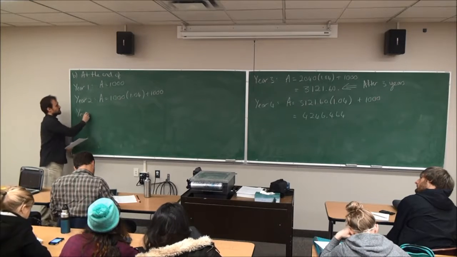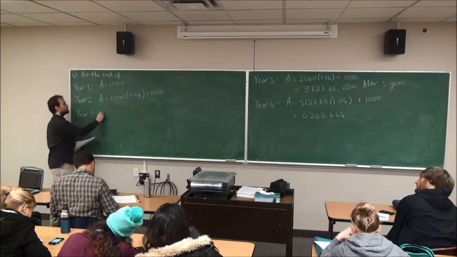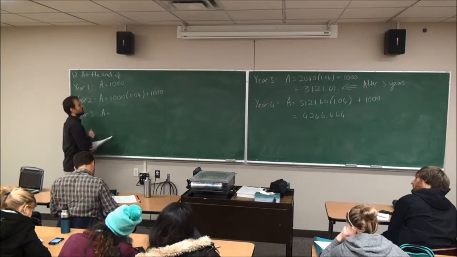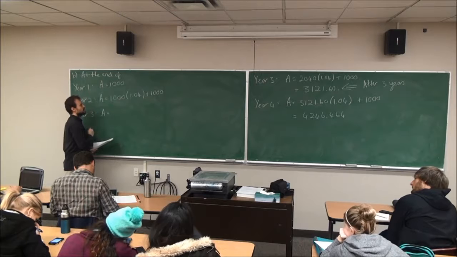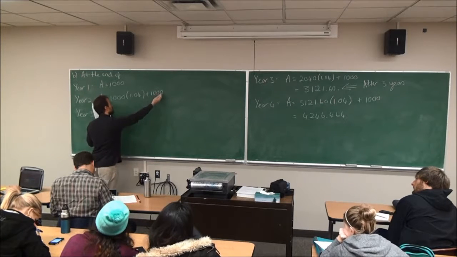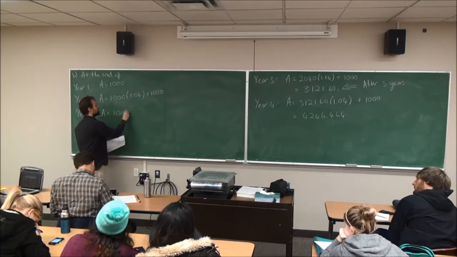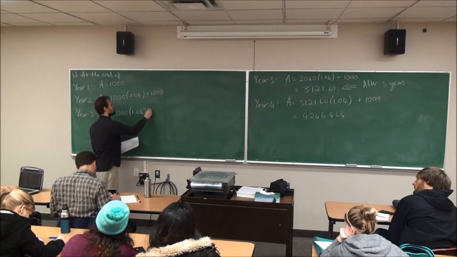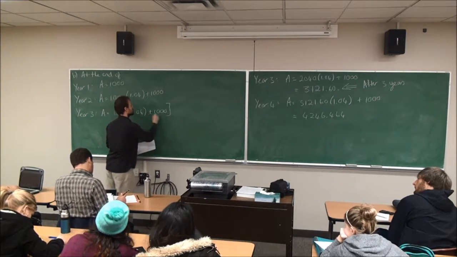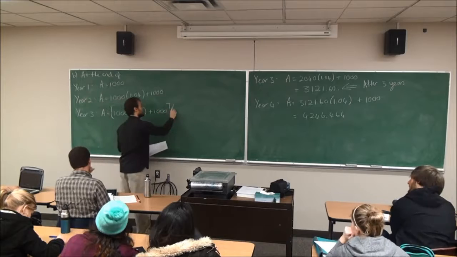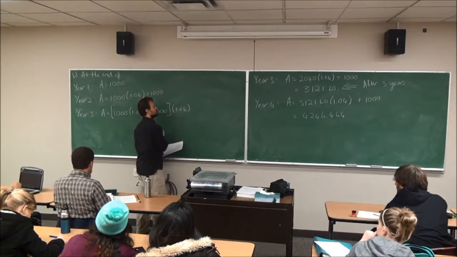What happens after year 3? How do I calculate my new total amount? Well, I take this. This is how much money sat for a whole year. And I increase it by 4%.